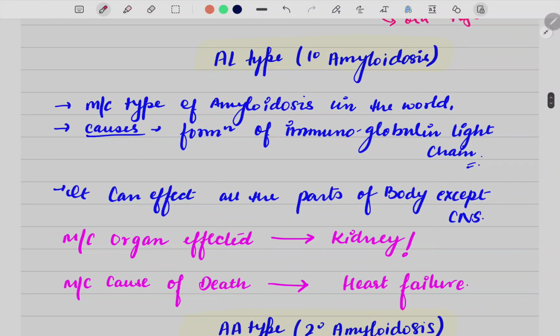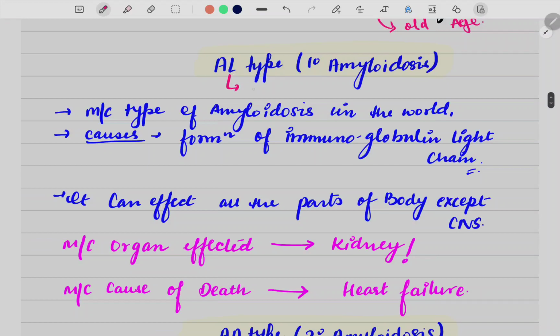Now coming to the first one, that is the AL amyloidosis. The L here is standing for light chain. So it is the AL type of amyloidosis, the primary one. The most common type of amyloidosis in the world is this particular type. The cause here is formation of immunoglobulin light chains.